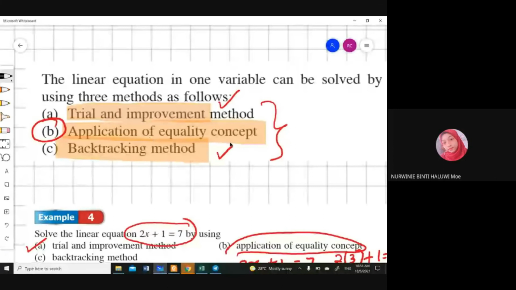One more time. Application of equality concept. The last one. Backtracking method. One more time. Backtracking method. Okay, good.